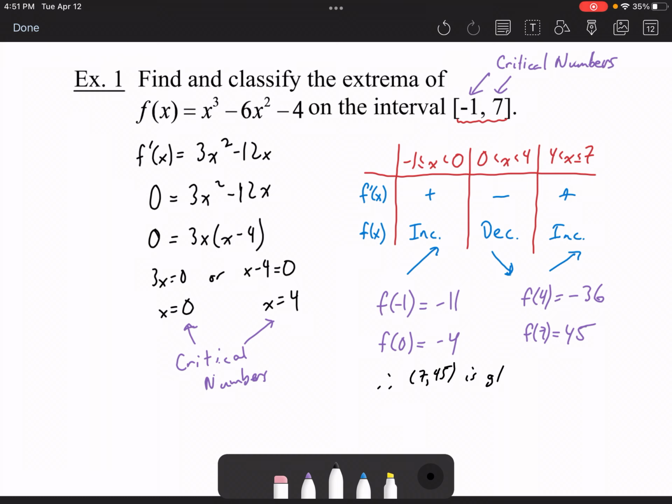is a global maximum. Now remember, it could also be the smallest possible, be a local maximum. The lowest possible point is -36, so 4 and -36 is both a global and a local minimum.